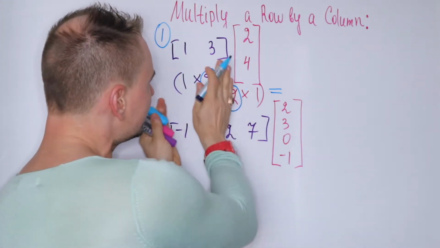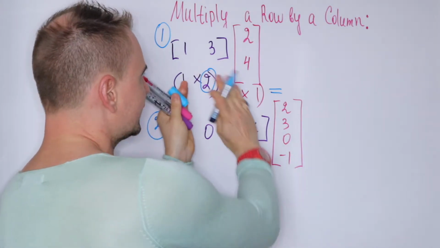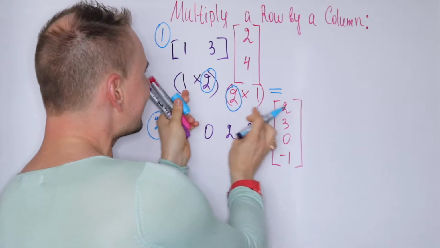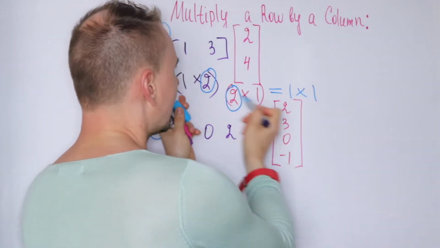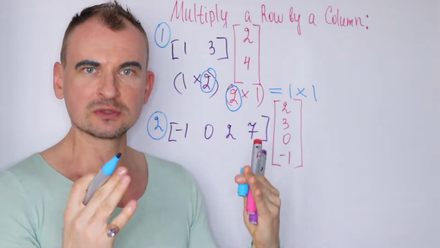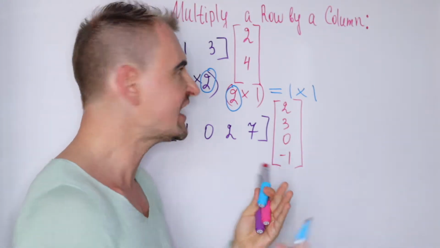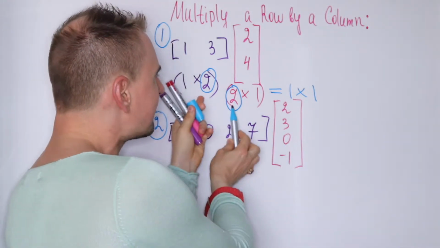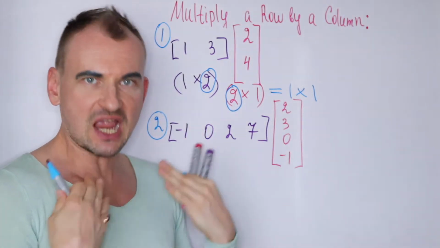All you do is cover up these two inner numbers, which coincide, and the outer numbers, 1 and 1, give you the size of the resulting product matrix. Again, the inner numbers have to match, have to be the same.